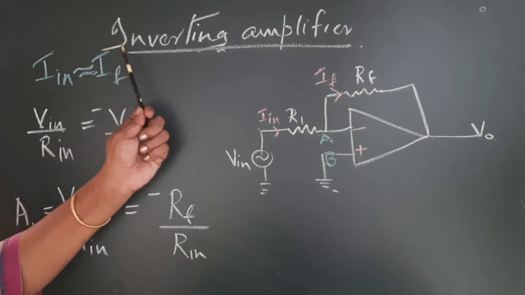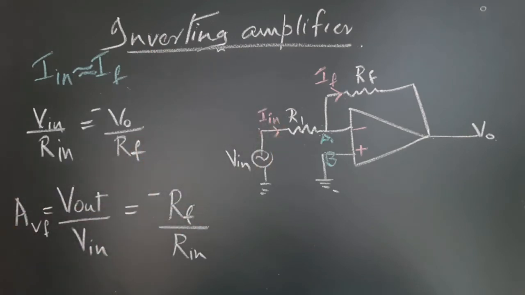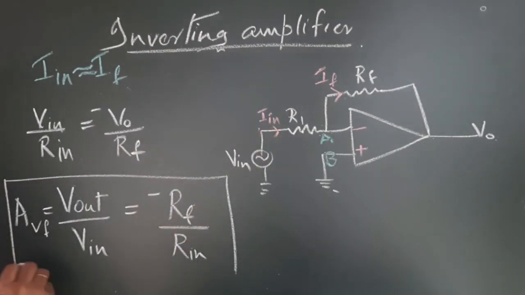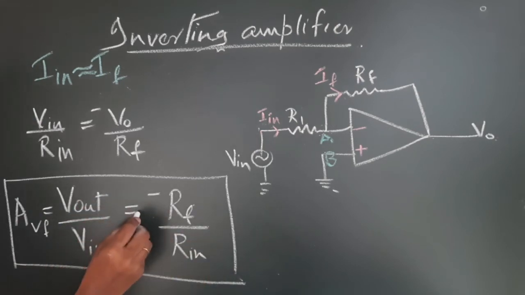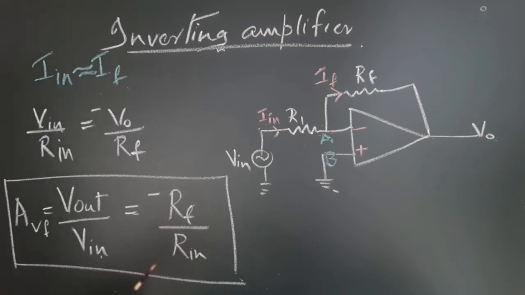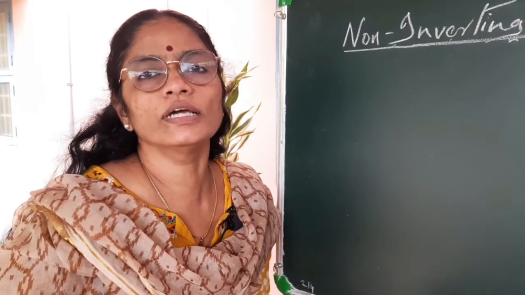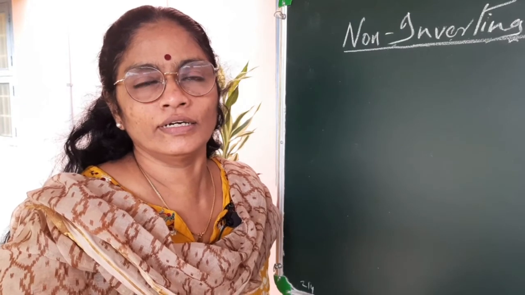This is the gain of an op amp in inverting mode. Inverting gain of an amplifier, V out by V in is equal to minus RF by R in. This is a very important expression, so be sure with the equation. So we discussed the inverting amplifier.